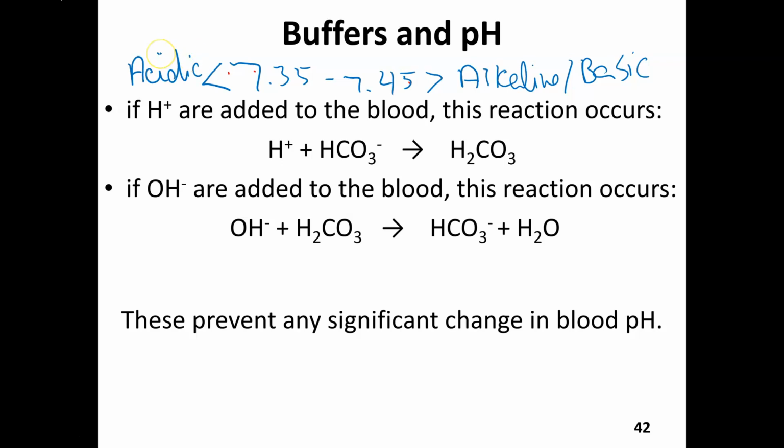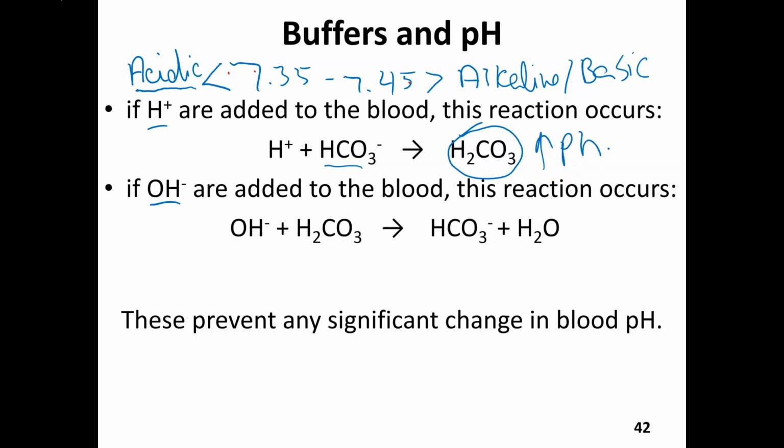All right, so we're showing just hydrogen and hydroxide, but think of if an acid is added to the blood, that's going to make our blood more acidic. What happens is the acid binds with bicarbonate ions, producing a less acidic carbonic acid. So this is carbonic acid. It's less acidic. That will raise our pH back to where we want it.